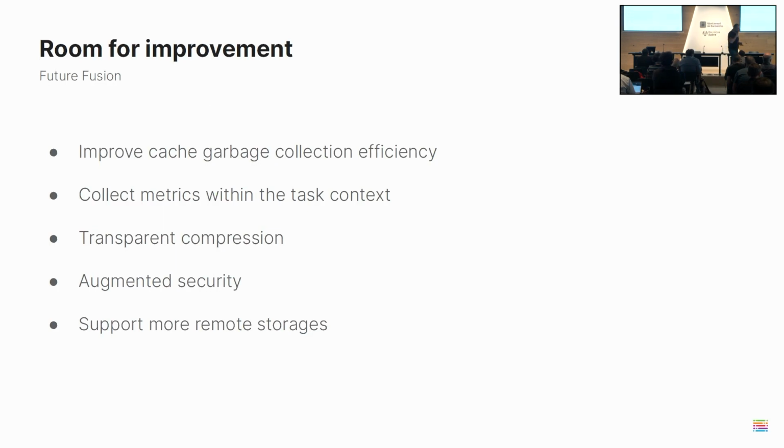Another interesting thing is augmented security. What is this? We are in a container, it's secure, it has limits, but that process can access anything that the user has access to in the data storage.